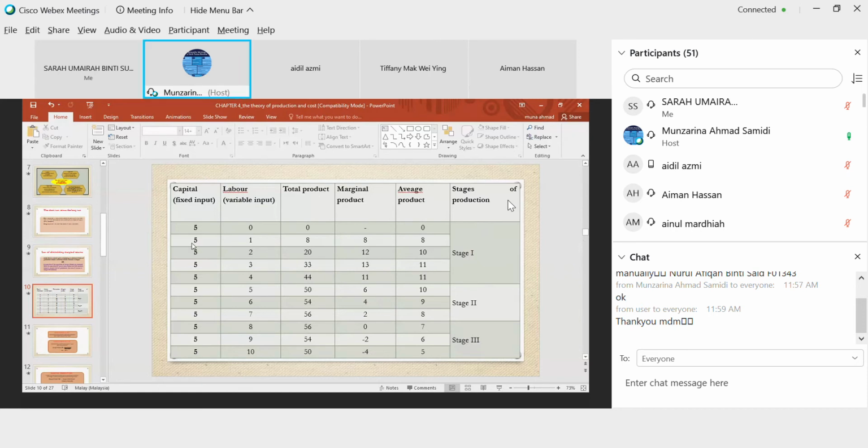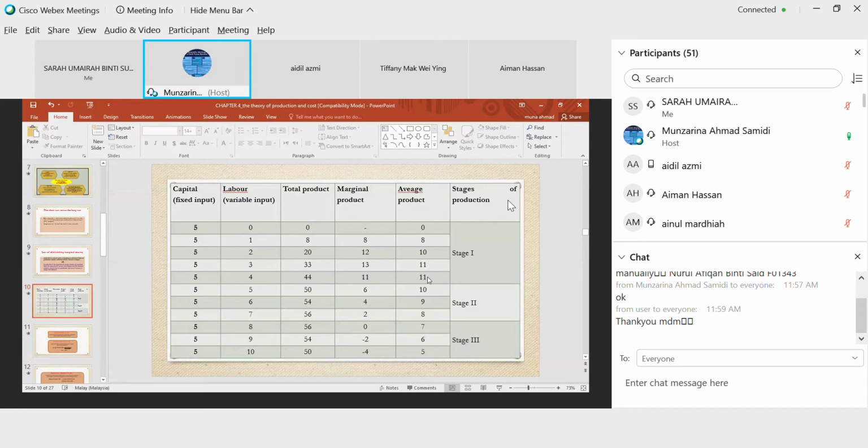You can see here, the combination of 5 and 1 gives you 8. The combination of 5 and 2 gives you 20. So it shows how these two types of input are combined to produce this output. So it's actually a relation function. Now, this point is where marginal product equals average product.